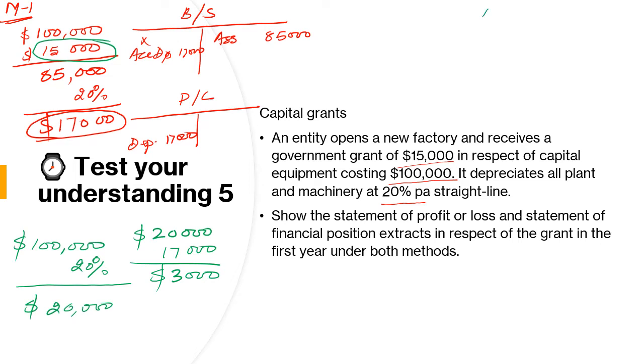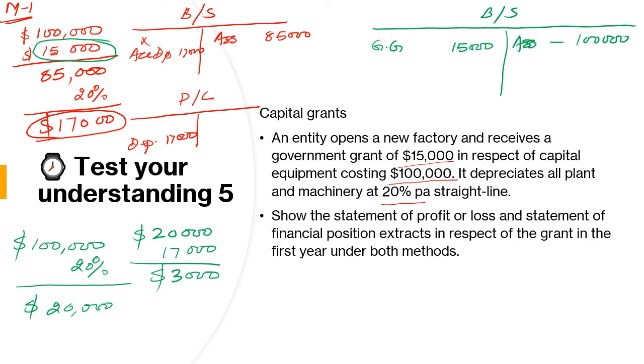Now in balance sheet, asset will come on the asset side with full amount, that is $100,000, and government grant will come as a deferred credit, that is 15,000.